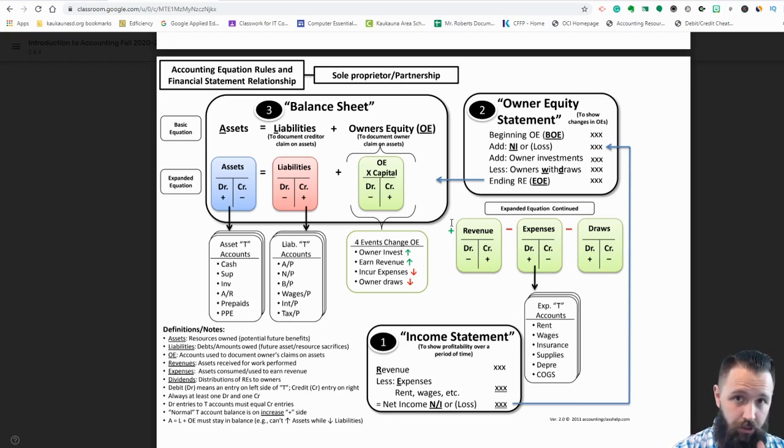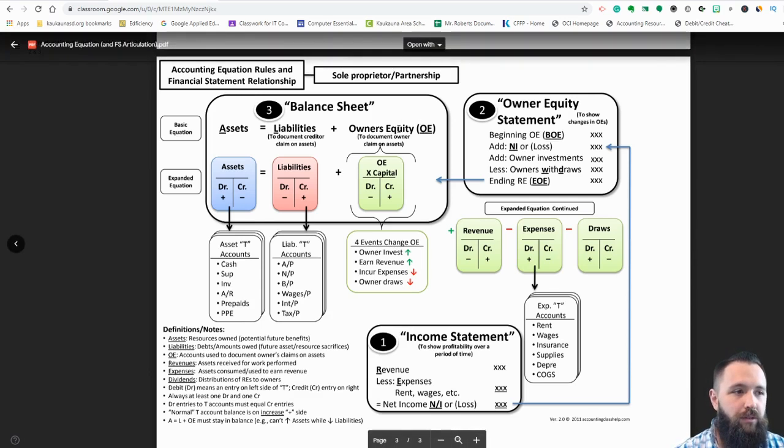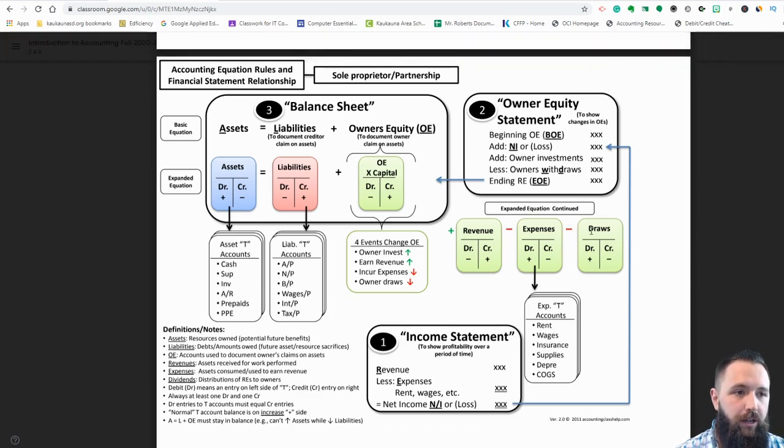Now, these next two are the tricky ones, okay? Here they are. Expenses, even though it's going to affect something on the right-hand side of the accounting equation, expenses are going to have a normal debit balance, okay? Now, it might be a little bit weird, but the way that we need to look at this is owner's equity over here, you can see it even says expanded equation continued.